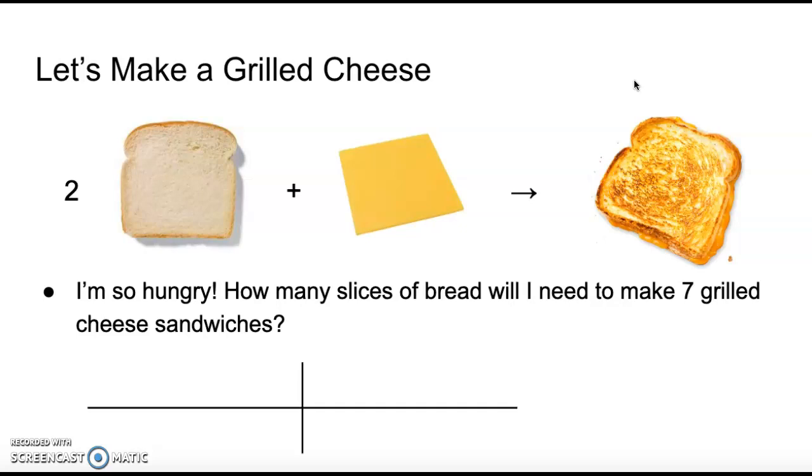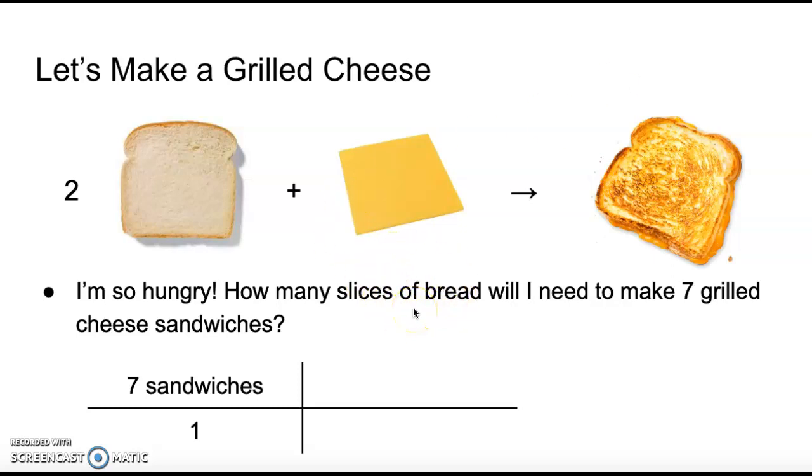All right, so first thing you want to do is set up your dimensional analysis grid, and then put the information that you know in the top left-hand corner. This problem tells us that we're making 7 sandwiches, so I'm going to put that in the top left corner. Underneath that, you want to put a 1 as a reminder to not put anything else in that box. And then in our next set of boxes, we want to set up a conversion factor that will allow us to cancel out the unit of sandwiches and get us to the unit of slices of bread, since that's what's of interest here.